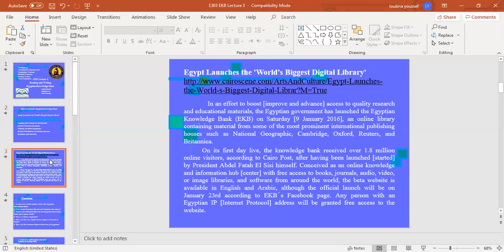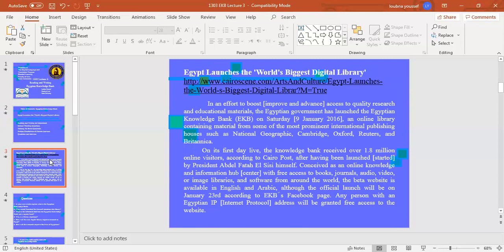Now, the passage says, in an effort to boost, the word boost means to improve, to develop, to advance. In an effort to boost access to quality research and educational materials, the Egyptian government has launched the Egyptian Knowledge Bank, the EKB, on Saturday, the 9th of January, 2016.